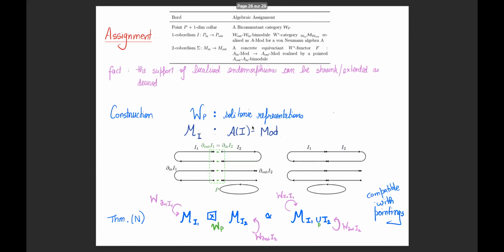Okay. So to one manifolds, I assign these module categories A(I)-mod, and now I have to give actions of W_P on M_I. I told you that solitonic representations, especially if they're written in the left localized or right localized form, I can shrink their support and extend them by identity. So this action is essentially just given by precomposition.